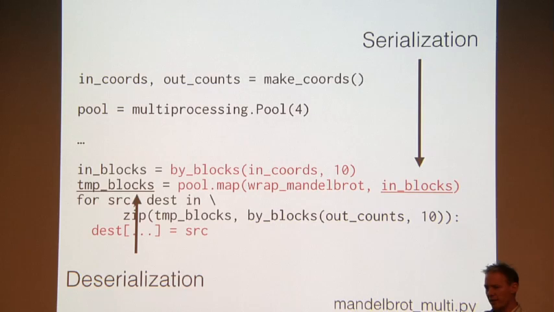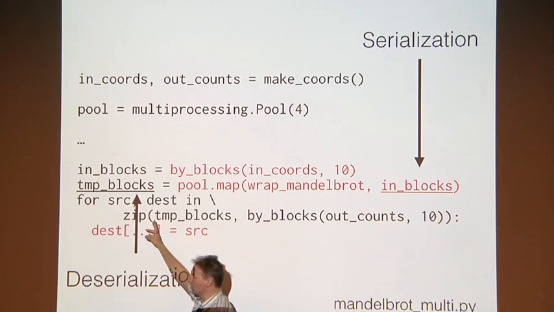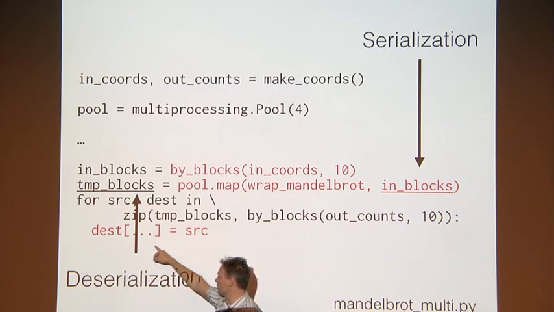The worker reads that, rebuilds that array in a new memory space, a new copy. Calls the Mandelbrot function, computes, gets a result, an array of counts, serializes that, passes it back to the driver, where it comes back here and is rebuilt as an array. New copy. And then I have to copy those into my actual destination.